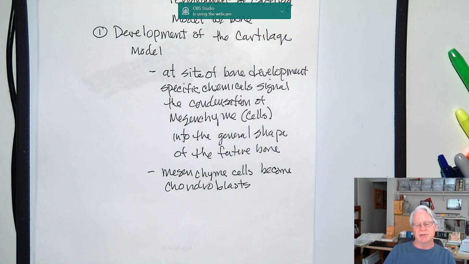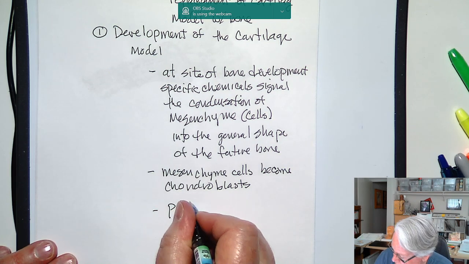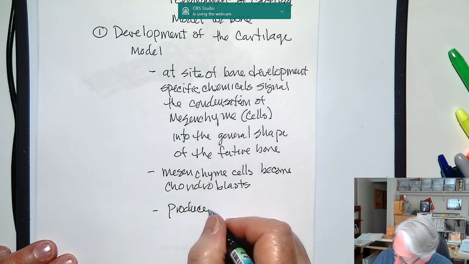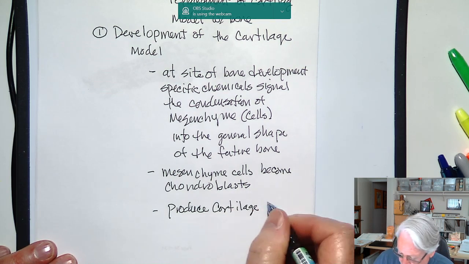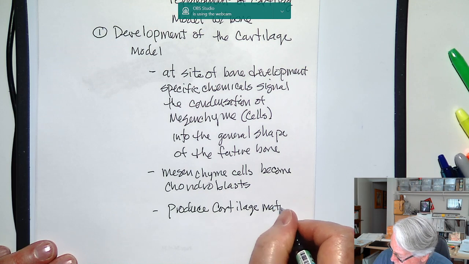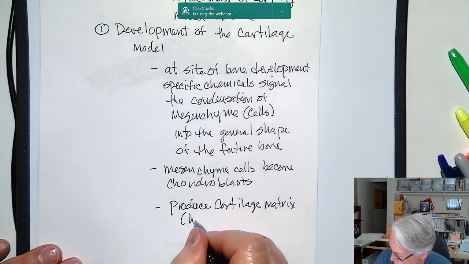But as these chemicals are released, they change the behavior of the mesenchymal cells. They start differentiating, and they become chondroblasts. The chondroblasts then start to produce a cartilage matrix. So this is going to be hyaline cartilage.